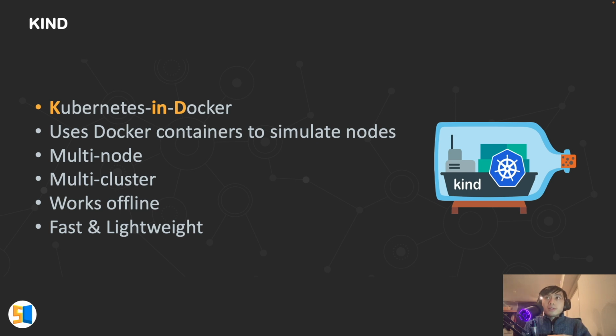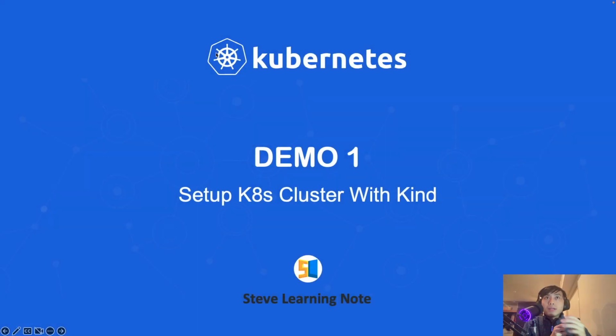With this tool, we are able to spin up multiple nodes and multiple clusters. Of course, it works offline, and because it runs using Docker containers, it should be fast and lightweight. All right, let's go to the first demo where we are going to set up Kubernetes clusters using Kind.